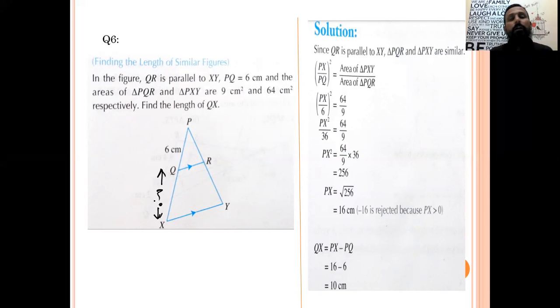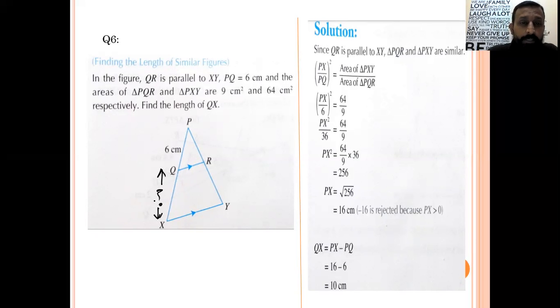Alright. Now, QR and XY are parallel and the parallel lines are indicated by arrows. They have given us PQ as 6 centimeters and the areas of PQR and PXY are 9 and 64 centimeters square. Find the unknown length QX. So the same formula is used, right? That is A1 upon A2.